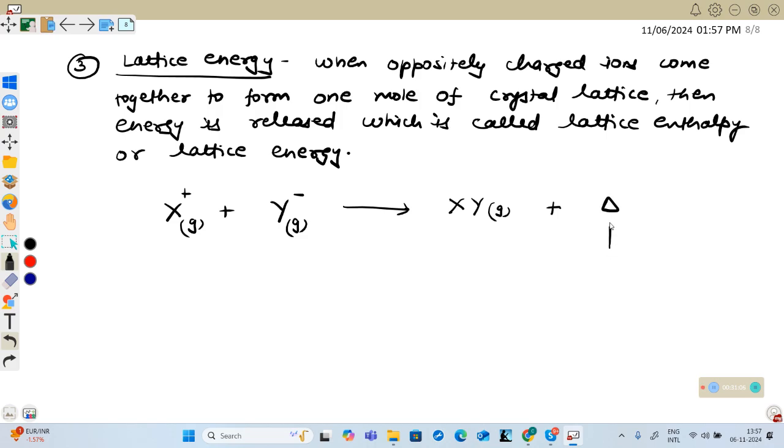Whatever energy is released, its value is negative.